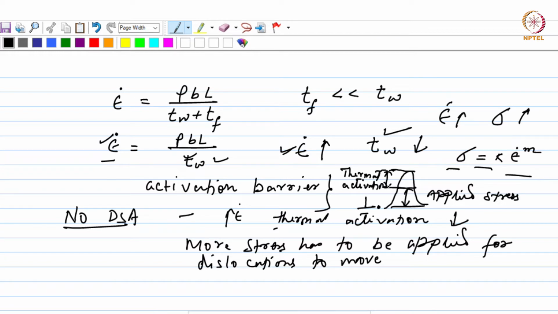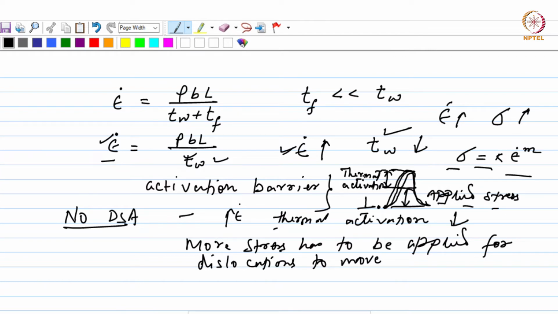So as you receive less thermal activation, you still need to overcome the activation barrier that the dislocations have. As I said, we have two components for this activation which helps the dislocation overcome the barrier: one is the thermal activation, another is the applied stress.